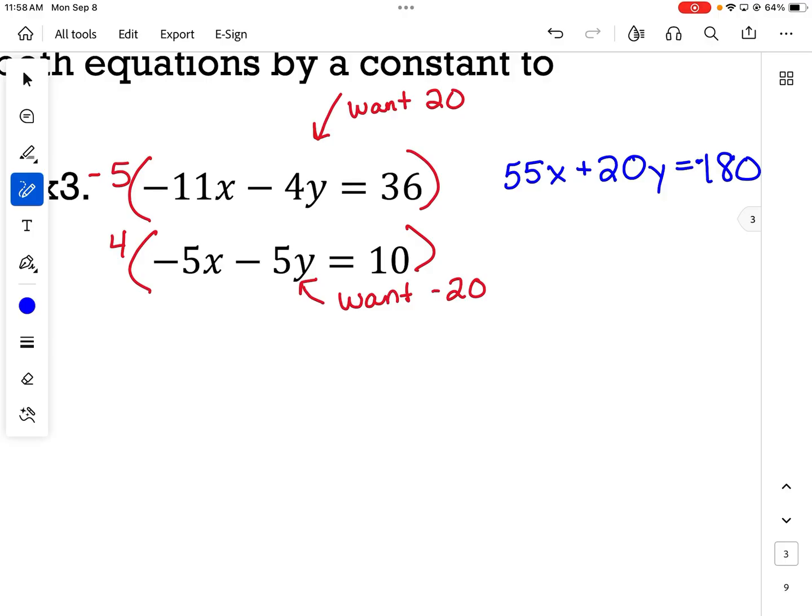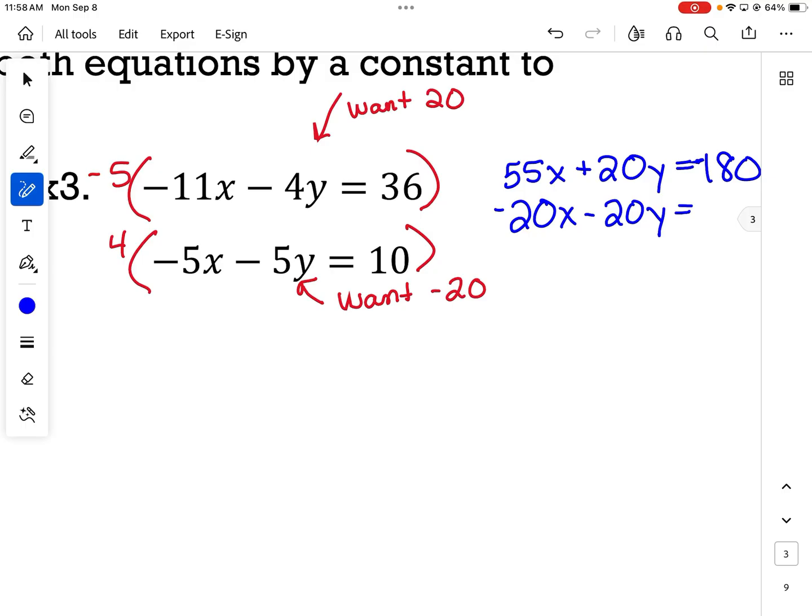So 4 times negative 5. Negative 20x. And then 4 times negative 5. Again. So plus 20, or negative, sorry. It'd be minus. Minus 20y, which is what we want, remember.